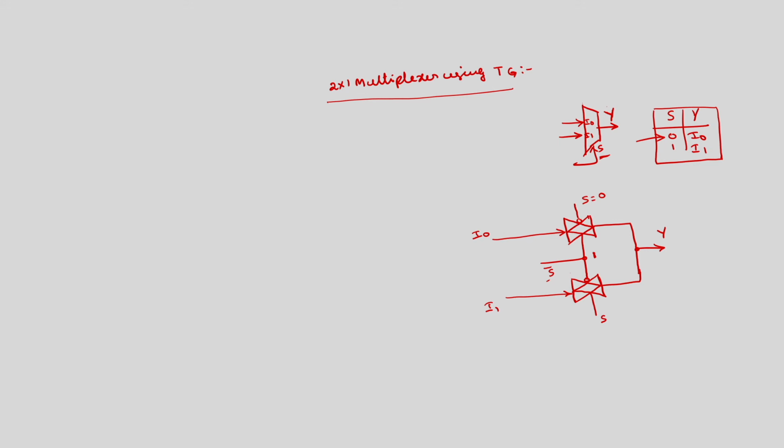So, for this, N type is 0, P type is 1, this will be on, whereas for the other, P type is 1, N type is 0, so this will be off. On means output Y is equal to I0. Similarly, when S is equal to 1, this will be off, this will be on, and output is equal to I1. Okay. So, this is the operation of this circuit. Then, how to write Verilog code for this 2 by 1 multiplexer using transmission gates.